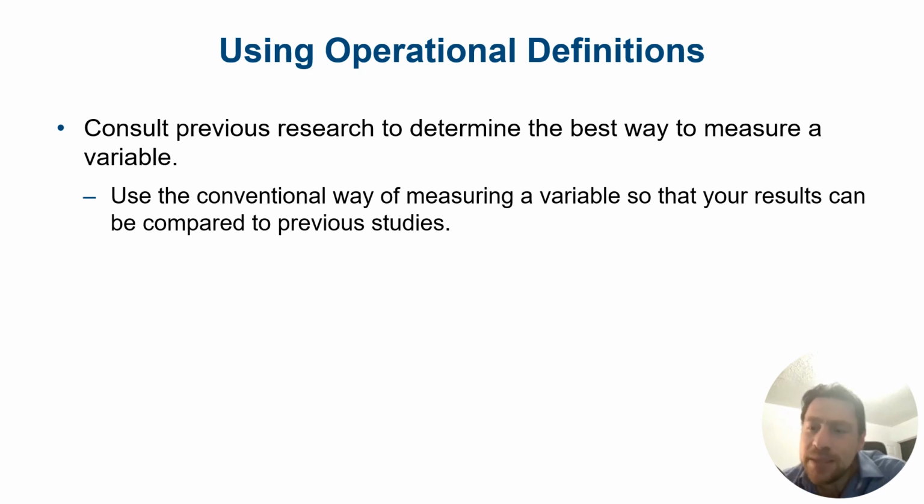So again, the advantages of using agreed upon operational definitions is that you can more easily compare your results to other studies, and that the well-established methods for measuring constructs have been vetted and have been shown to be appropriate for capturing those constructs. And now we will turn to the process of vetting an operational definition in the next section.